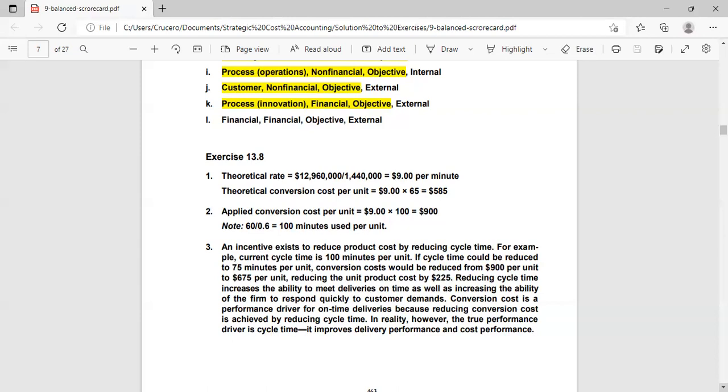So an incentive exists to reduce product cost by reducing cycle time.